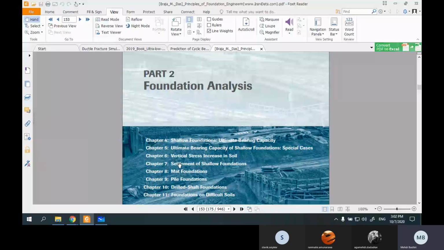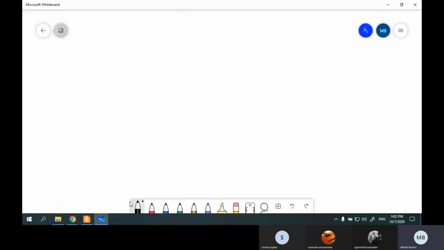If you remember, I talked about the general concept of foundation. As I said, the foundation is the last part of the structure. Here you can see the structure is like this, and any structure.